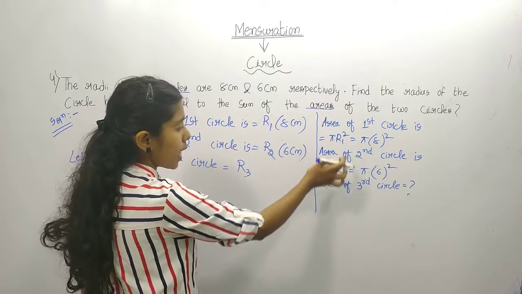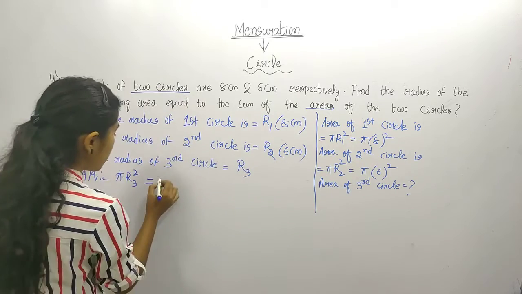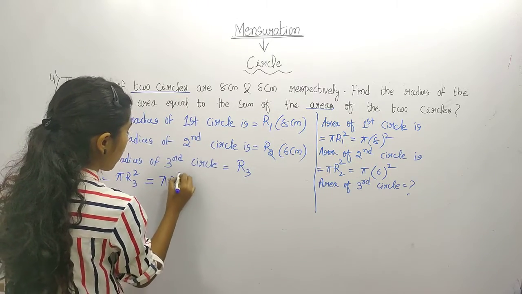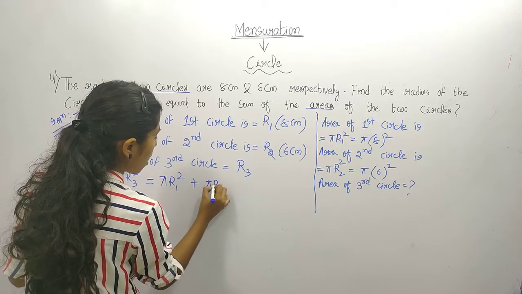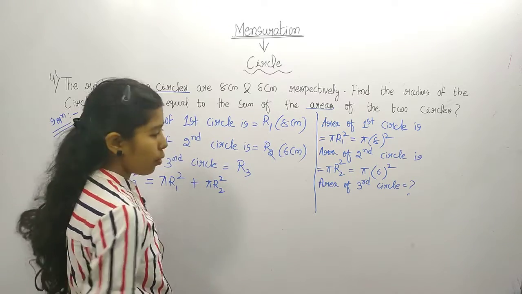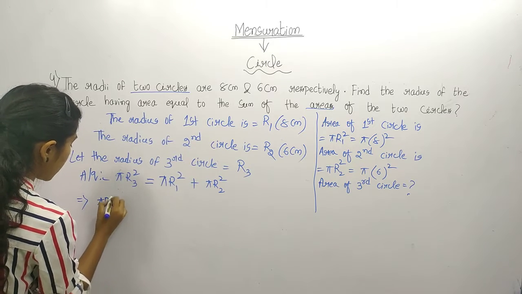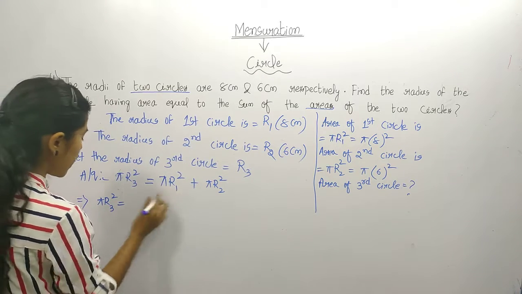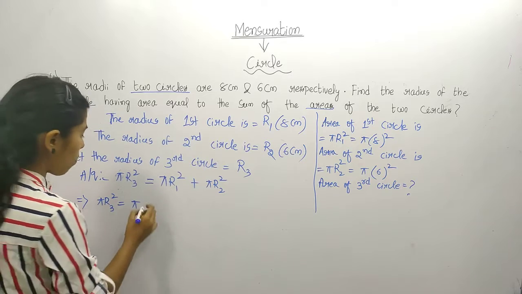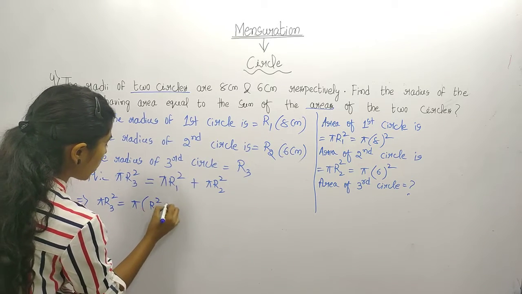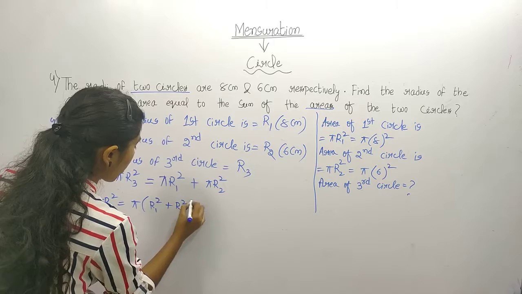How much? Pi r1 square plus pi r2 square. Sum means addition. Pi r3 square equals, pi is common, take pi common, inside r1 square plus r2 square.